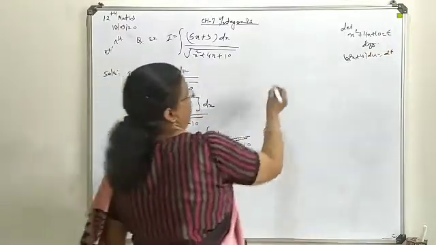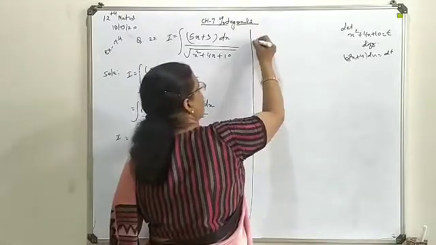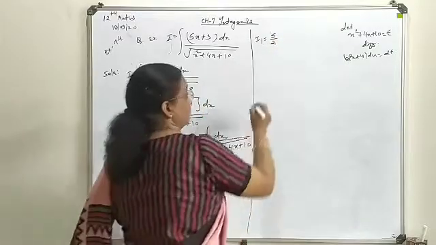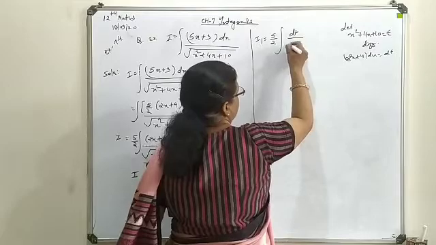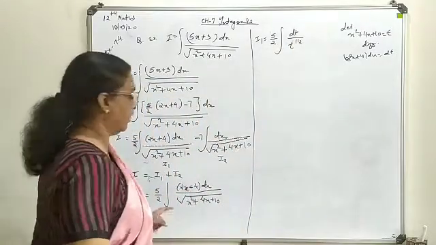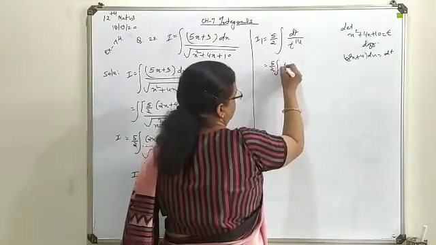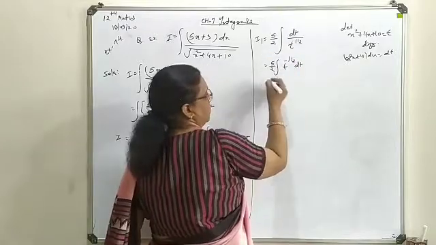Substitute in the question. So your I1 will be 5 by 2 times dt upon under root t. Now it is to be treated for integration. Before that you can write in a convenient manner if required, otherwise you can proceed directly.